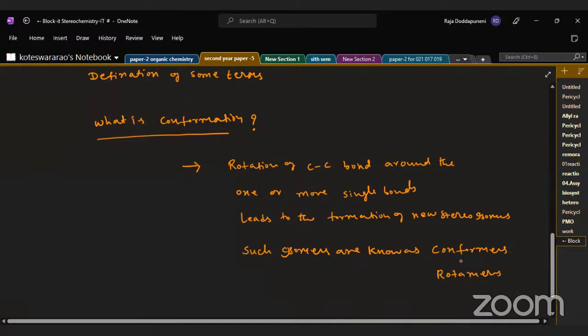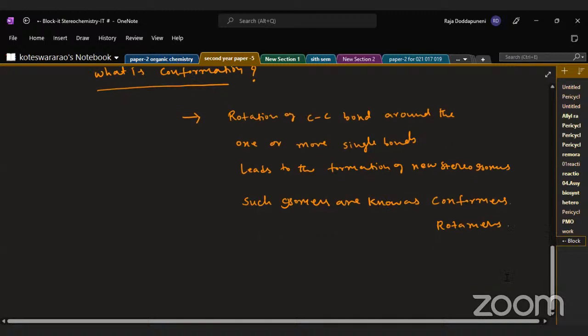Rotamers means the isomers generated due to the C-C bond rotation, or the conformers generated due to the C-C bond rotation that lead to new stereoisomers. Those isomers are known as conformers. These are also known as conformational stereoisomers.